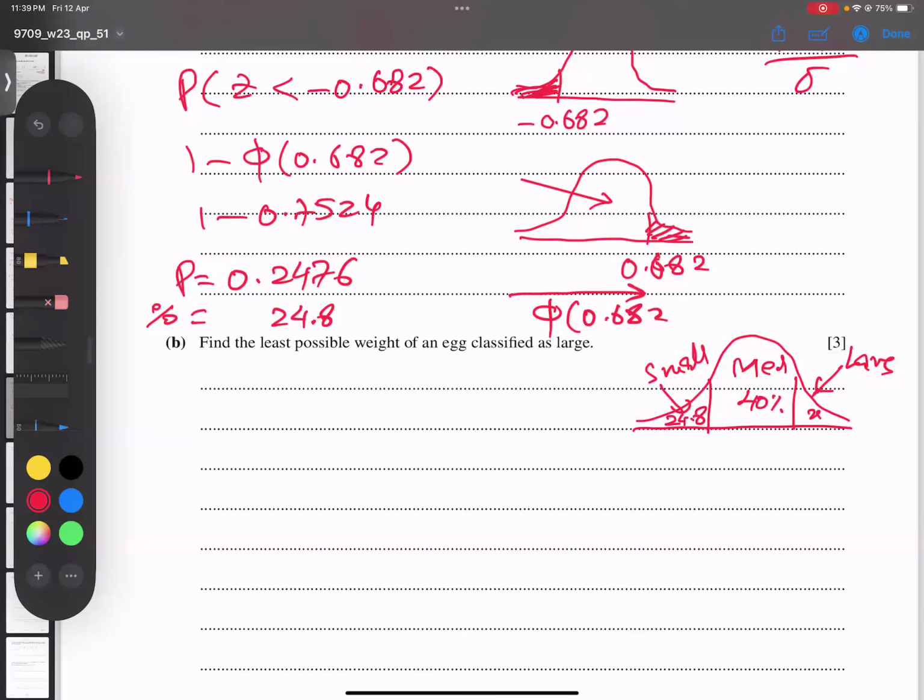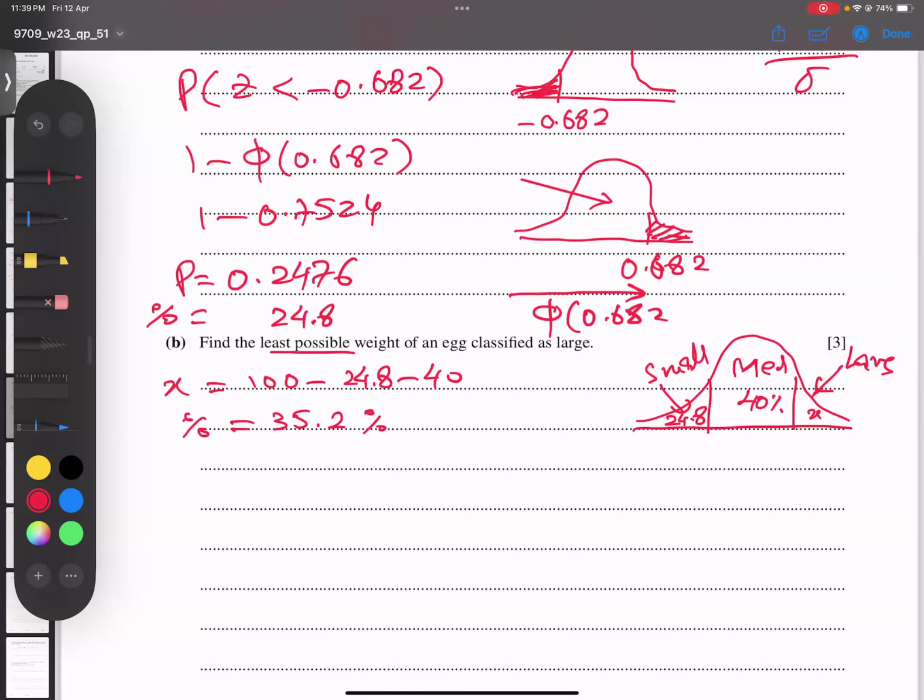So what is the percentage for the large? 100 minus 24.8 minus 40. Percentage is actually called a probability. So the percentage for the large comes out very simple: 35.2 percent after subtracting.